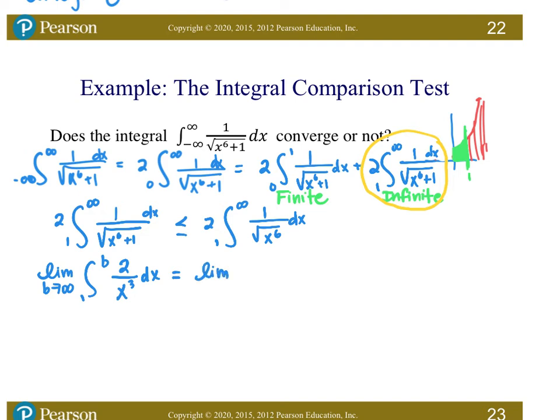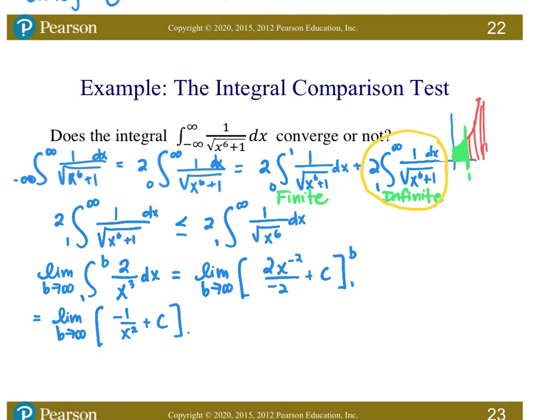So my antiderivative would be 2 x to the negative 2 divided by negative 2 plus c going from 1 to b. And to simplify that, I'll write that as negative 1 over x squared going from 1 to b.